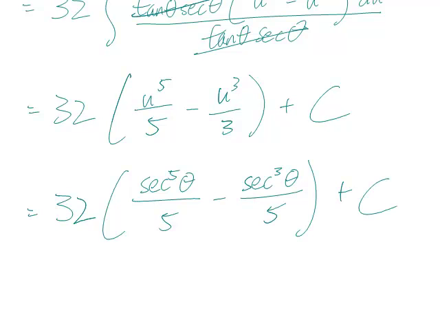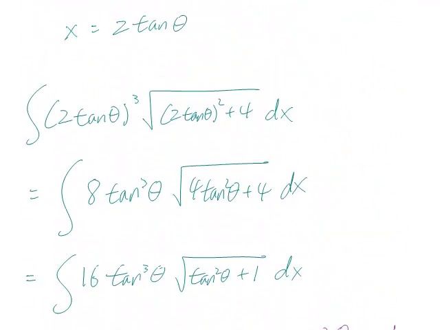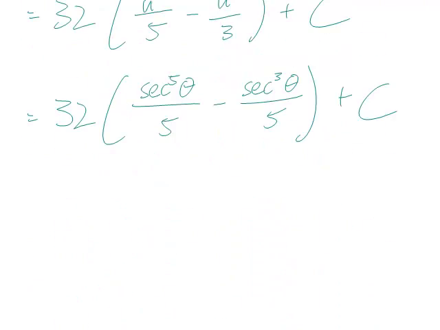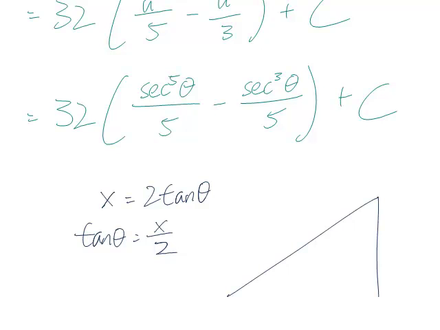Of course, theta is not the variable we want, because if you remember, x is equal to 2 tangent theta. So let's write this down here. x is 2 tan theta. That means tan theta is equal to x over 2. So if we draw the triangle, theta is here, x is here, and 2 is here, because the opposite over adjacent is tangent.